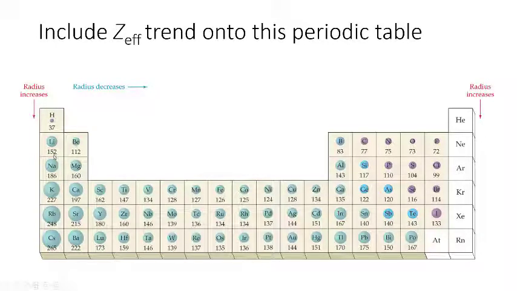The more energy levels that we are inhabiting with electrons, the further out those orbitals extend. So if we're talking about our alkali metals, lithium, sodium, potassium, rubidium, and cesium, they all have the same effective nuclear charge of 1, but they increase in their overall atomic radius because they're incorporating larger and larger energy levels.